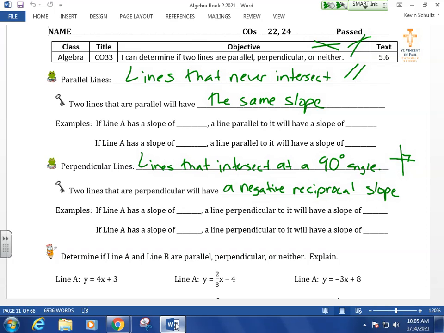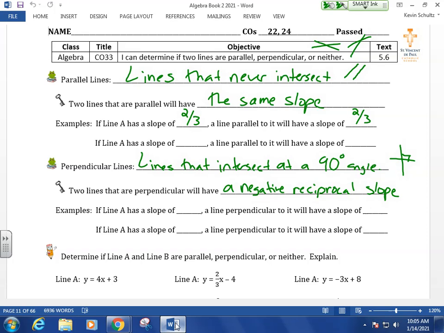So going back to parallel lines for a bit, if line A has a slope of 2/3, a line parallel to it will have a slope of 2/3.